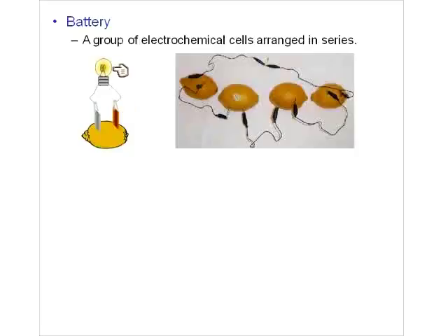Now, if we want this light bulb to be brighter, we're going to make this in series. So we're going to get 4 lemons and 4 galvanized nails, so 4 four-inch nails that are galvanized, 4 pieces of copper wire, and we're going to set up our battery in series. So whatever the voltage is for one of these, we're going to get 4 times that voltage, so the light bulb is going to run brighter.